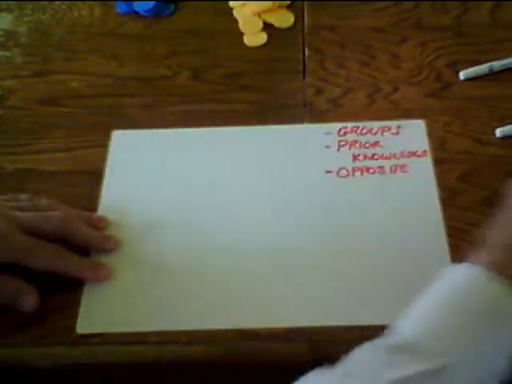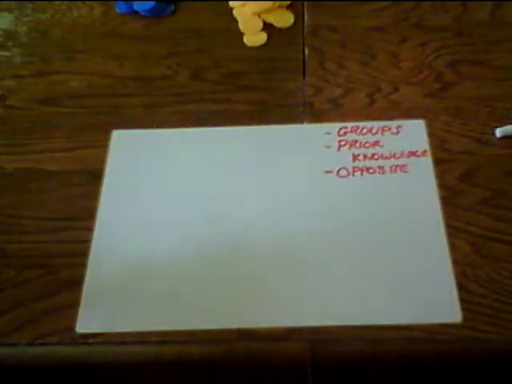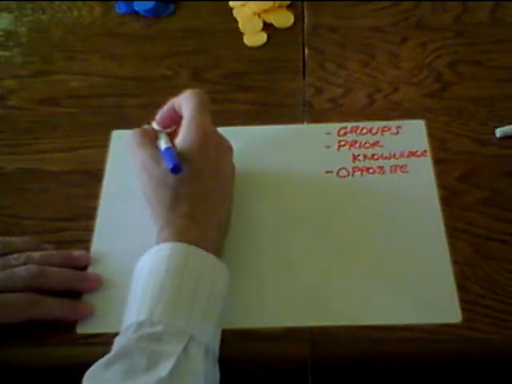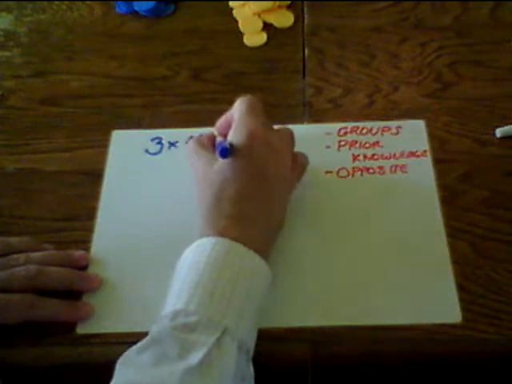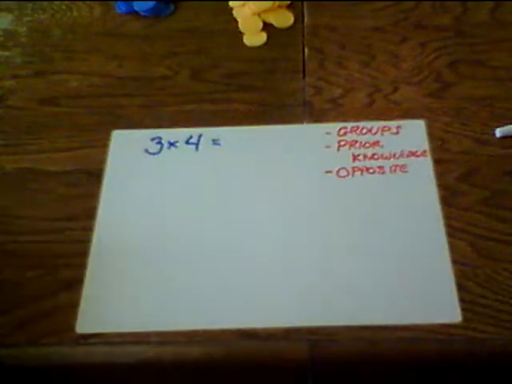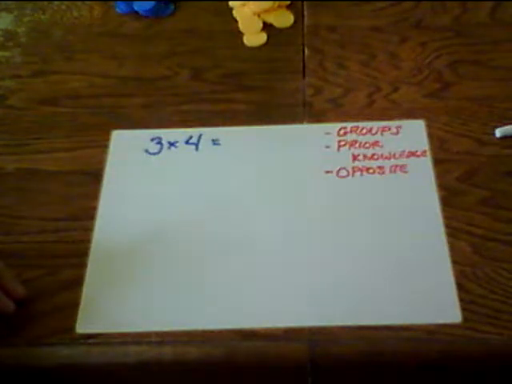Okay, so let's build off of their prior knowledge, and their prior knowledge deals with, of course, multiplication. We talked about the grouping idea. I might begin with 3 times 4 again, a problem they've seen since 1st grade, and ask them, how would I write this in terms of the positive, negative integers that we have been studying recently?